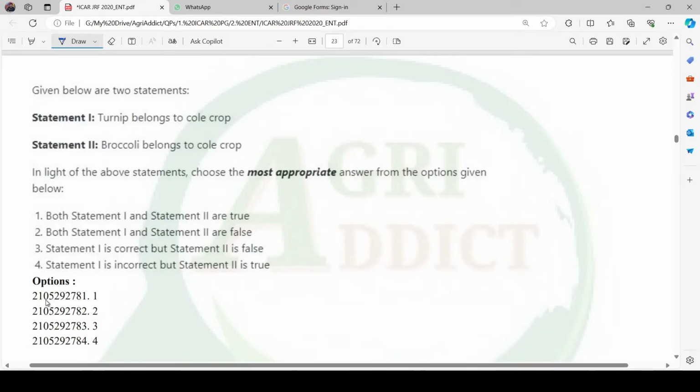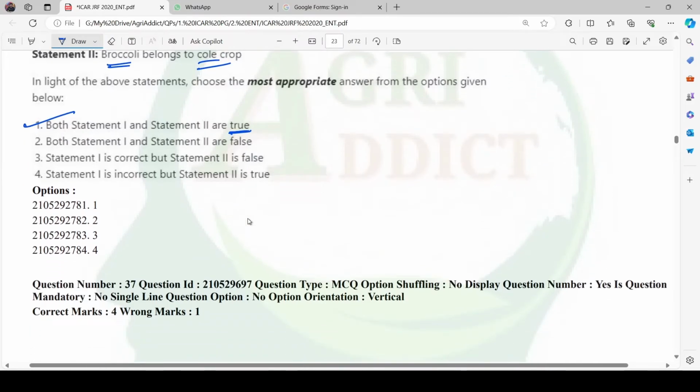Statement type question another. First statement is, turnip belongs to cole crop. Yes, turnip is a cole crop like cauliflower, cabbage, broccoli. And second, broccoli belongs to cole crop. Very easy. Both the statements are correct. Absolutely true.